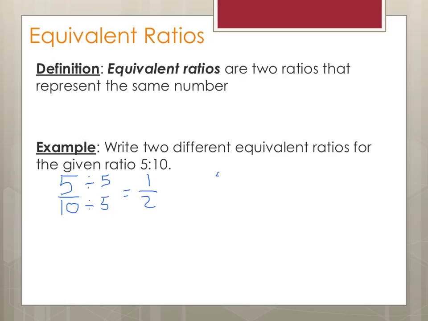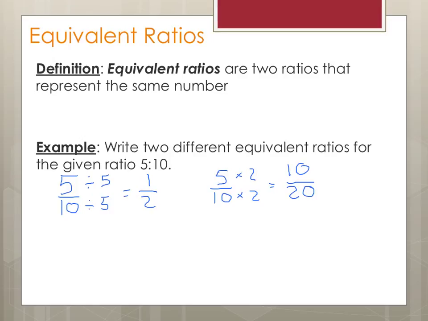So if we start with that same ratio given, 5 over 10, and we multiply the top and the bottom by the same number, let's say we multiply them both by 2, we'll get the ratio 10 to 20. Again, this ratio 10 to 20 represents 1/2. If we did 10 divided by 20, we'd get the decimal 0.5. So this is a second form of the equivalent ratio 5 to 10.